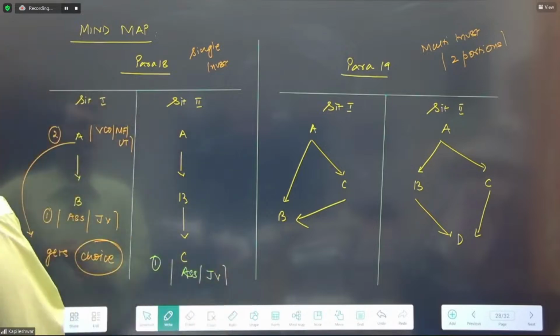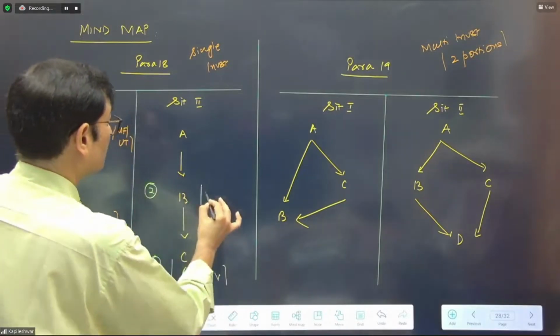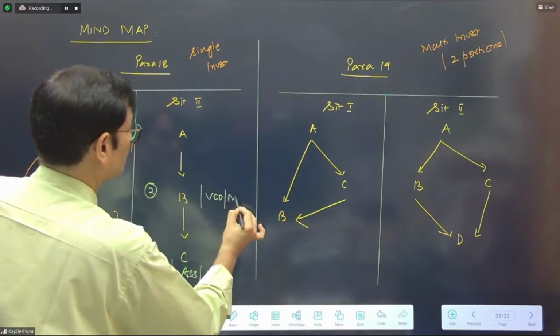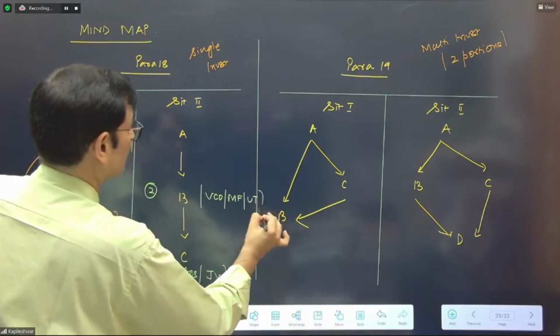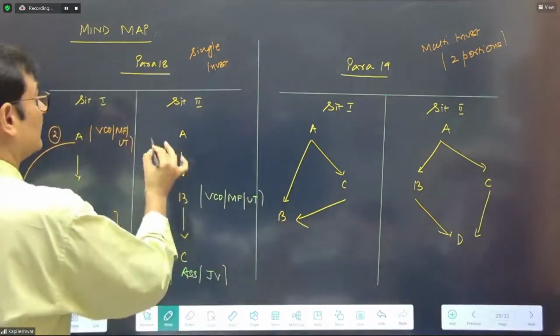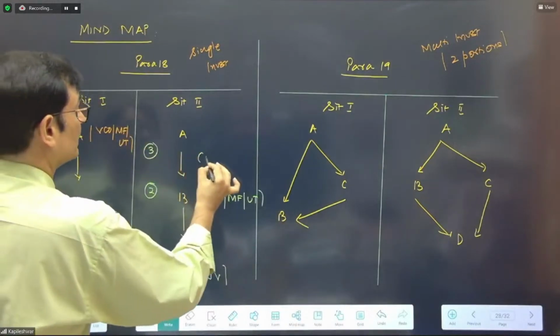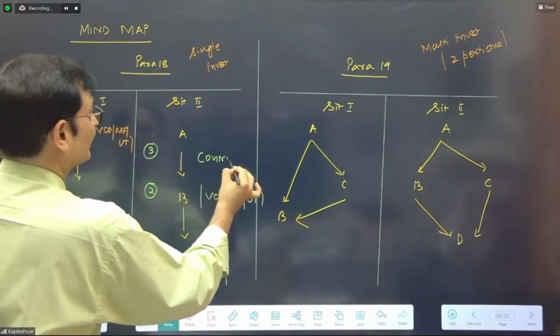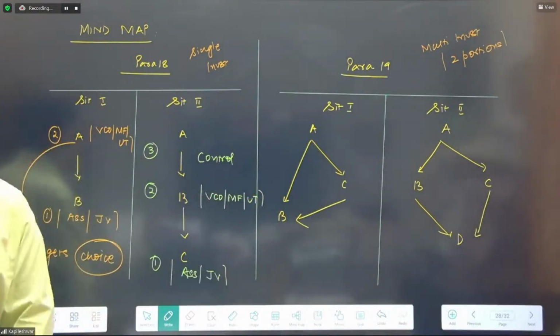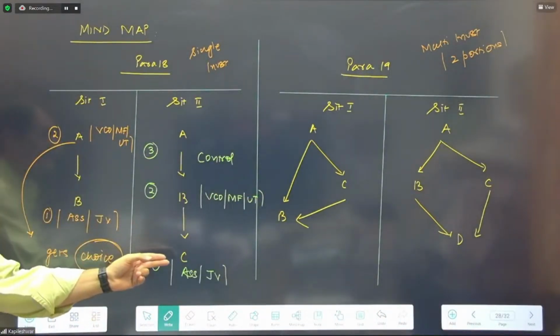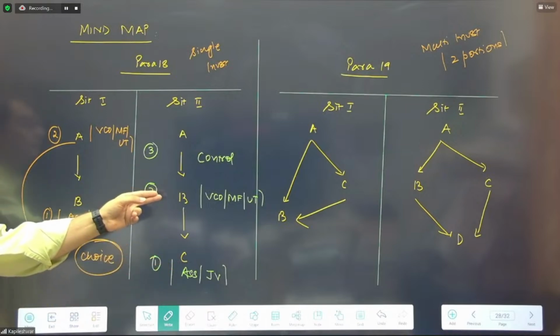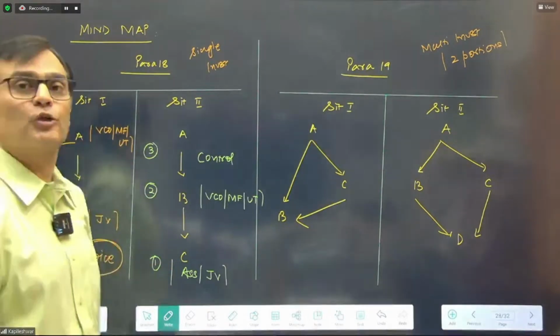Number 2, B is a venture capital organization, mutual fund, or a unit trust. And number 3, A has control over B. So you need to look at the parameters very carefully. C is an associate or JV, B is a VC or mutual fund, and A has control over B.